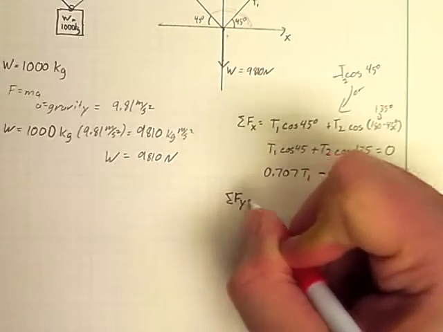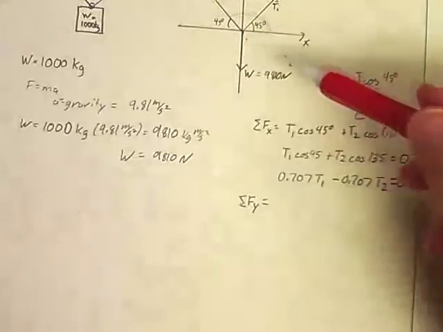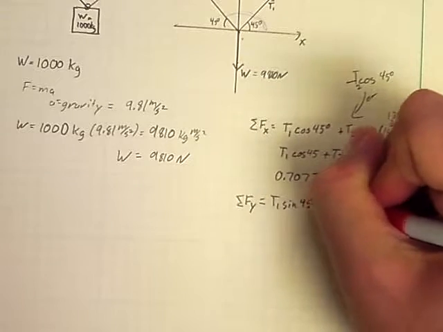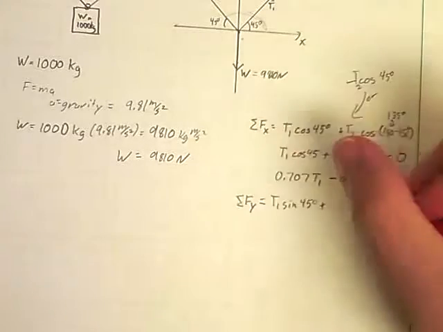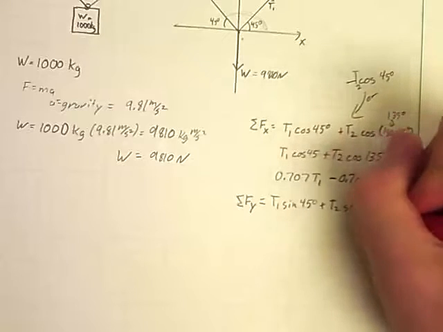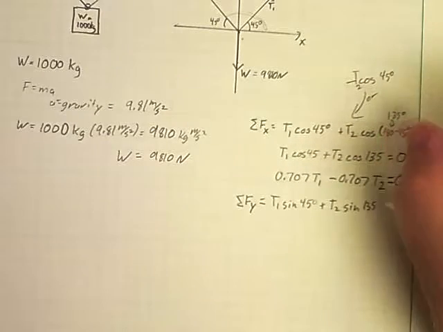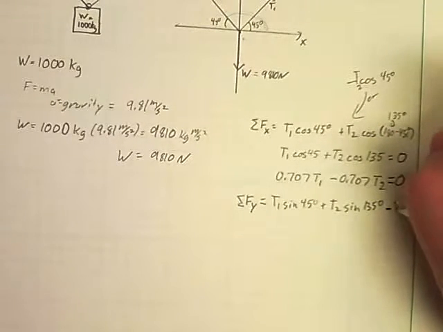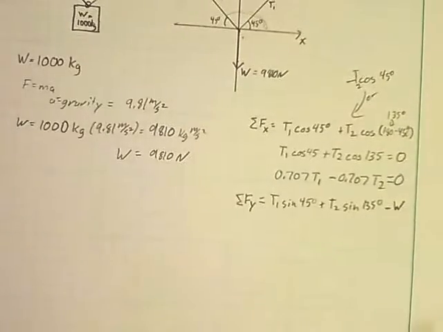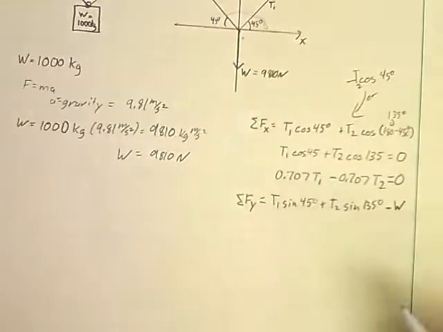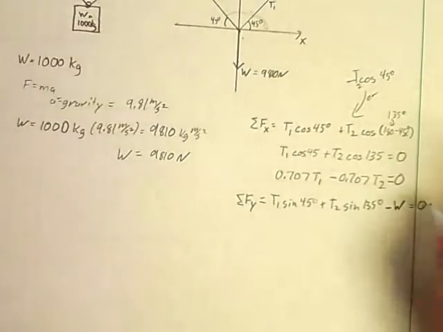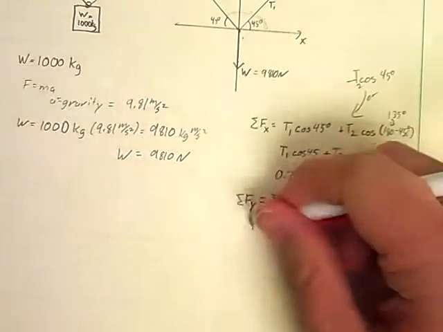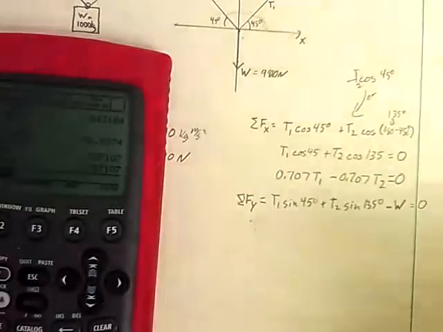If we look at the forces in the y direction, we have T1 times the sine of 45 plus T2 times the sine of 135 minus W, because all of W is going downward, acting against it. So we know that has to equal 0. So let's get some numerical values in for this.